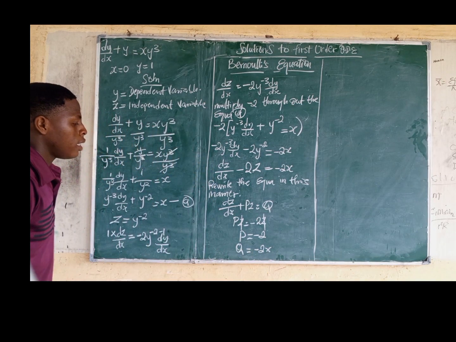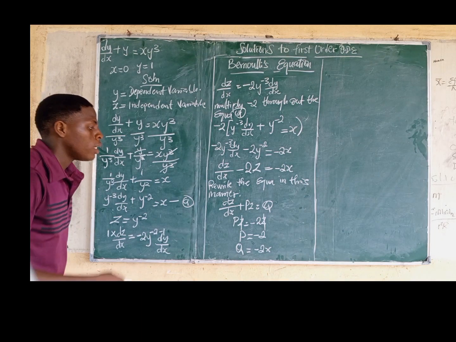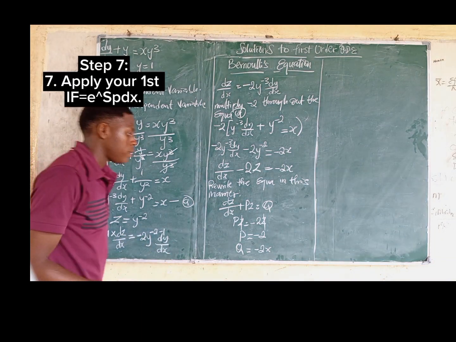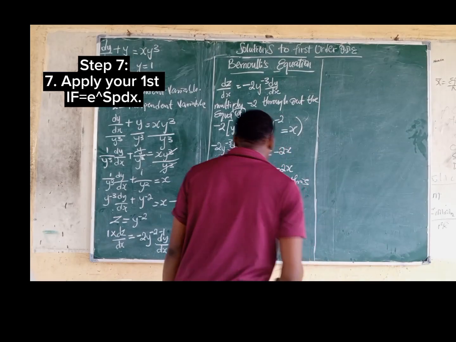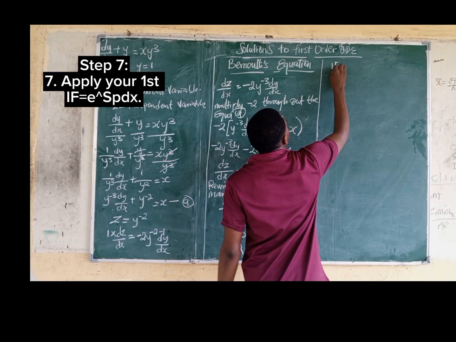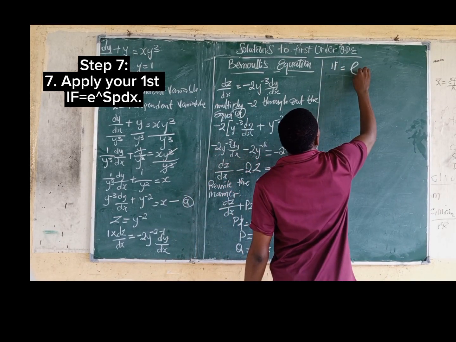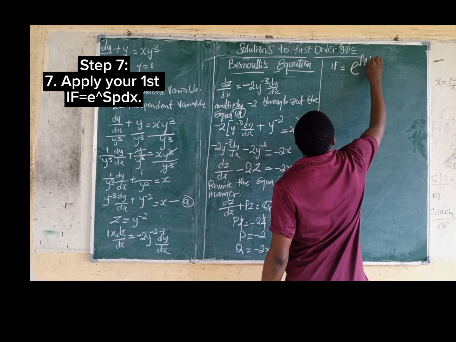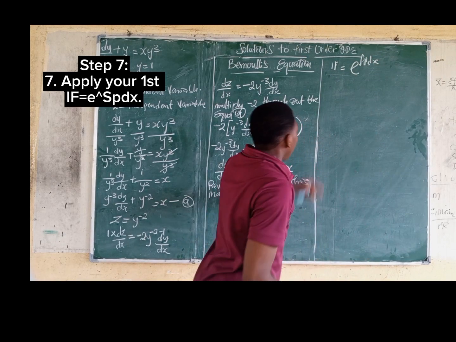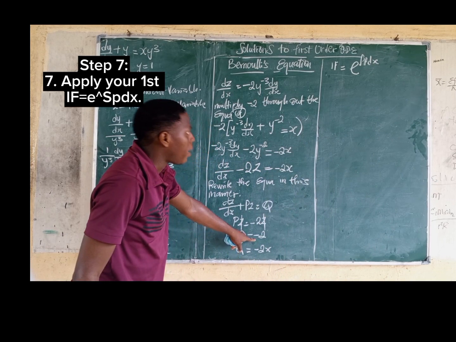What is the next thing? The next thing in our step was to apply your IF statement. Now, the IF statement says IF is equal to exponential integral of p dx. But we know our p to be minus 2.